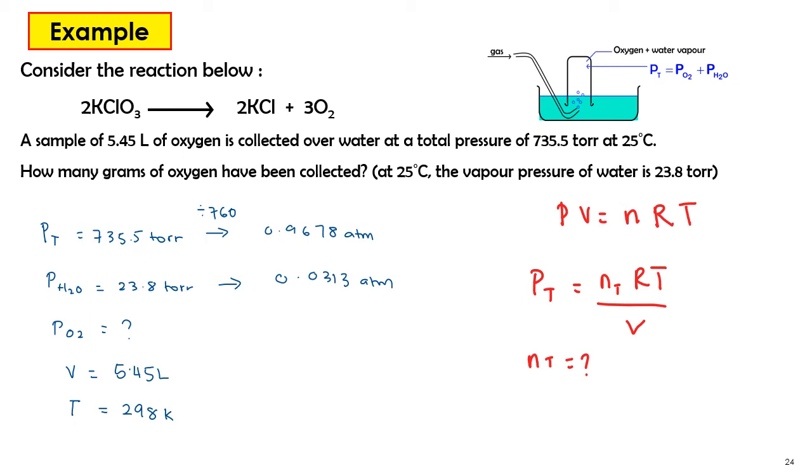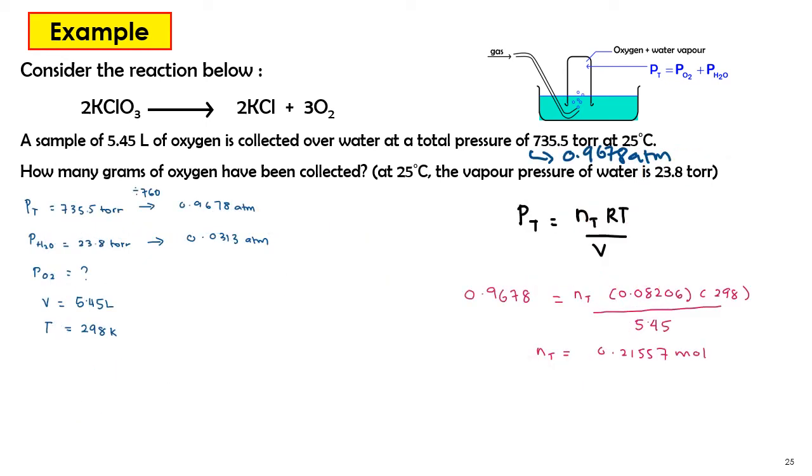So, list down the information. You have the total pressure, and then you know the partial pressure of water, given here as 23.8 torr, and then you can use the equation PV equals nRT to find the total mole.